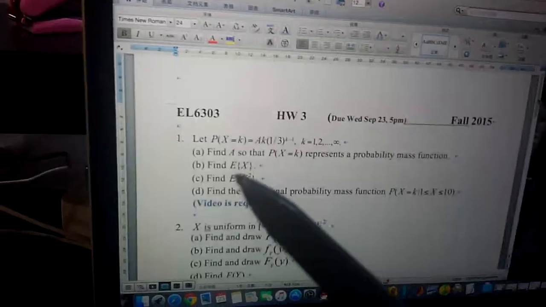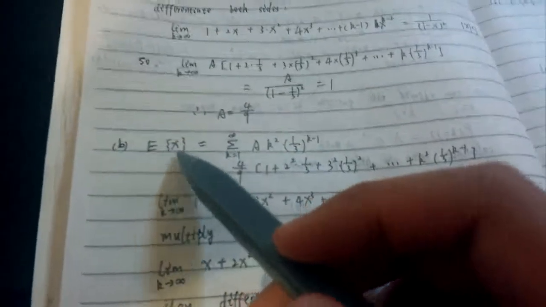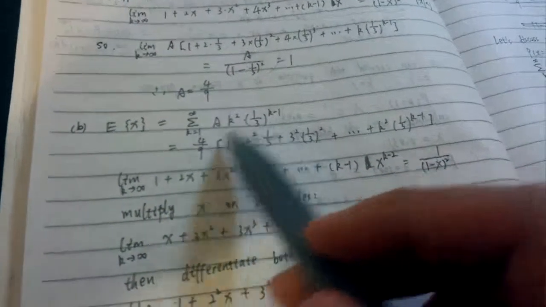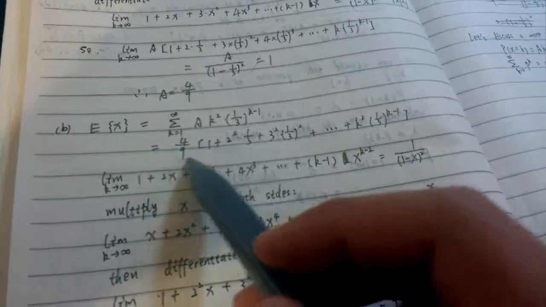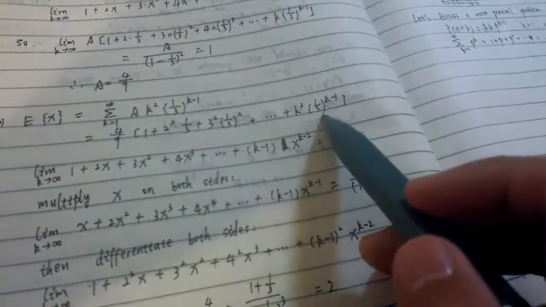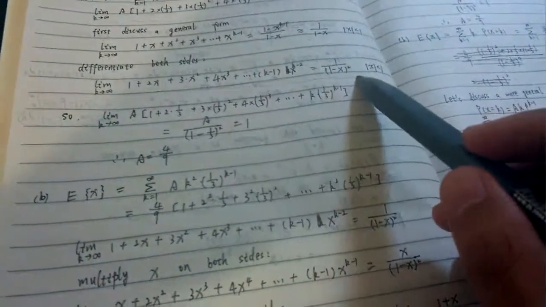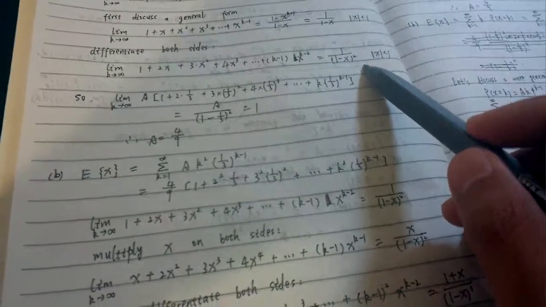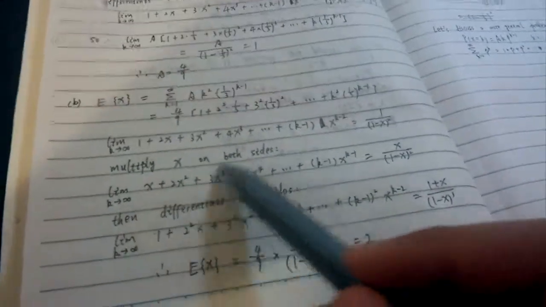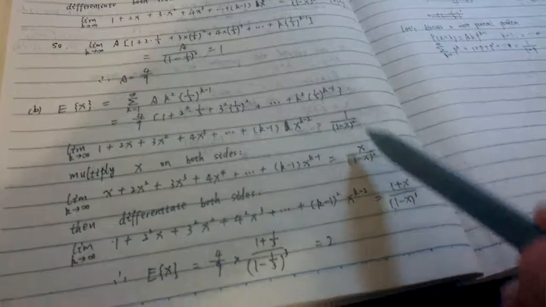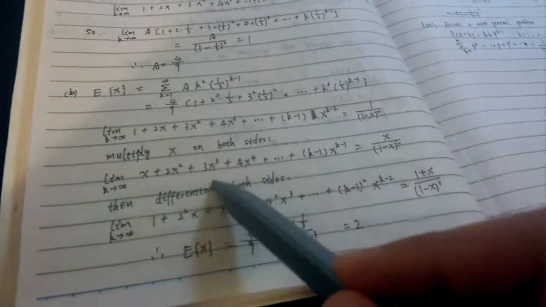And the second question is to find the mean of X. According to the definition of the mean of X, we can conclude this equation, and this can be transferred to this one. Above we concluded this equation, and we multiply x on both sides, and we can get this equation.